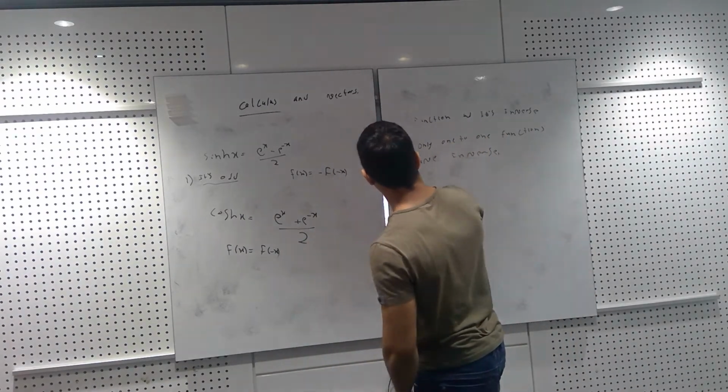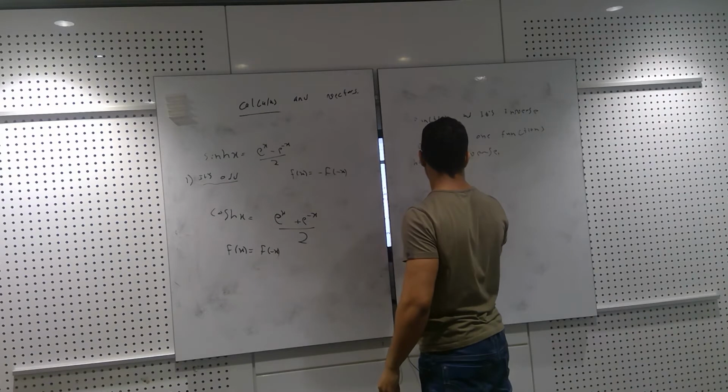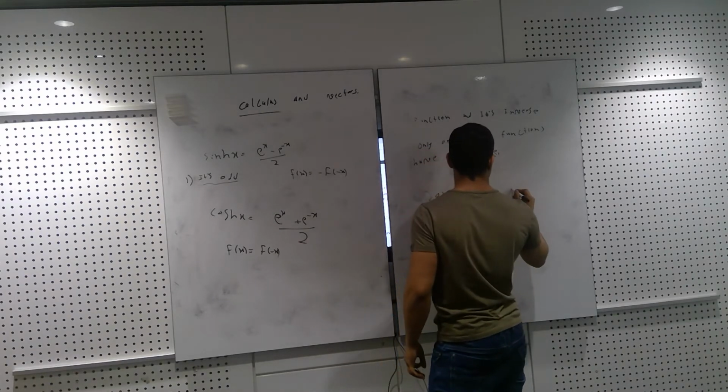And the second thing is that every function has a domain and its range, or its image.